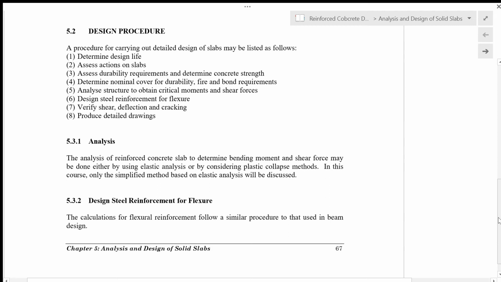In the analysis of reinforced concrete slab, to determine bending moment and shear force may be done either by using elastic analysis or by considering plastic slab methods.